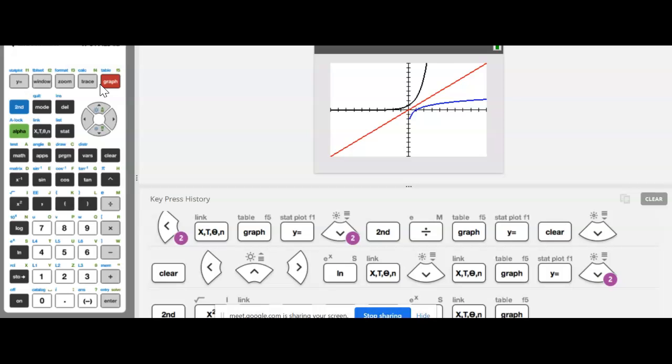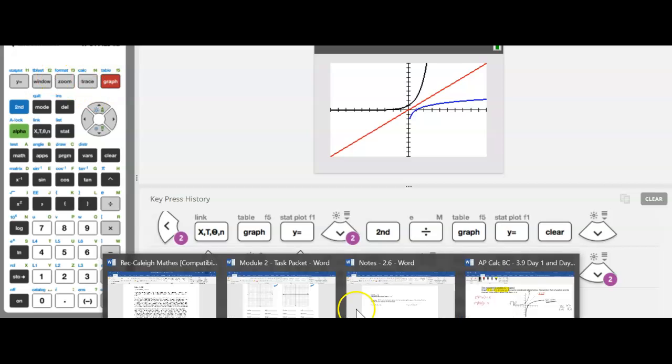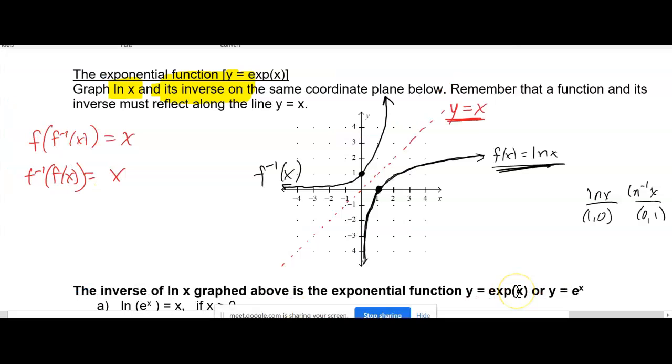So the inverse of the natural log by definition has to be the exponential curve e to the x. All right. So when we go back to that, we can now change what we're calling this. Instead of calling this the inverse of the natural log, we'll call it g of x. That's our exponential curve. And the reason that's pretty powerful and useful is because of this over here.